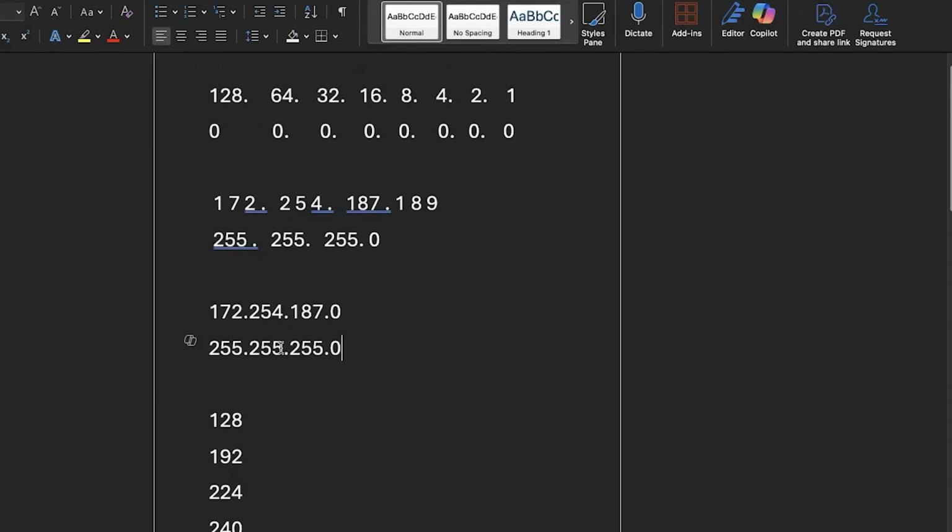However, the subnet mask cannot be, because the only way that you can turn on a bit in the subnet mask is if its preceding bit has already been turned on. Meaning, if you're at the 128 and you want to turn on the 64, that's fine. But you can't go from 128 and turn on the 32 without turning on the 64, which means you've got to add all three of these, right? And in order to get to this 255, you got to turn on every bit, which means that particular value in the IP address is part of the network.